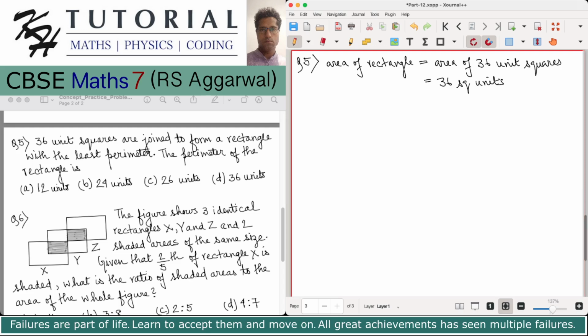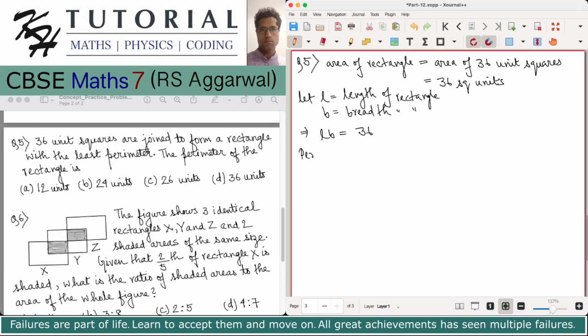be least. So let L equal the length of the rectangle, and B equal the breadth of the rectangle. So this implies LB is equal to 36.